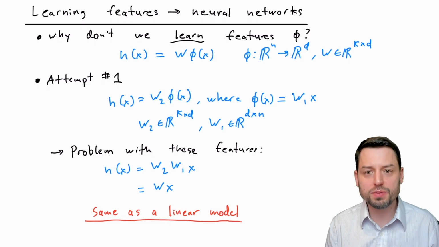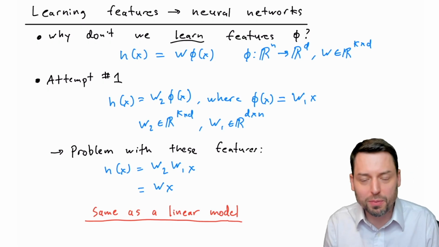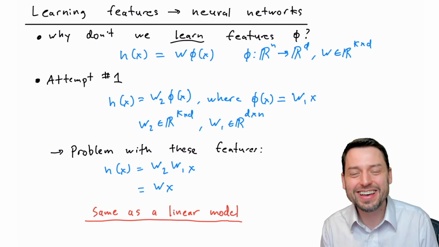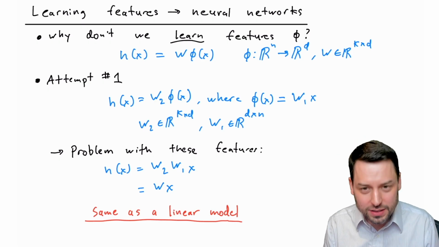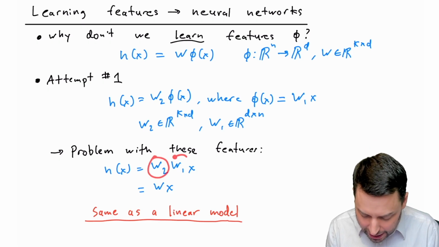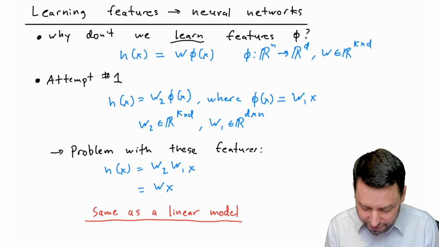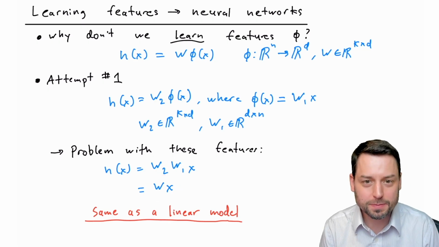And that stems from the fact that matrix multiplication is associative, so you can do the matrix multiplication in whatever order you want. And so this matrix times these features is in fact the same thing as just a matrix times our original inputs x.